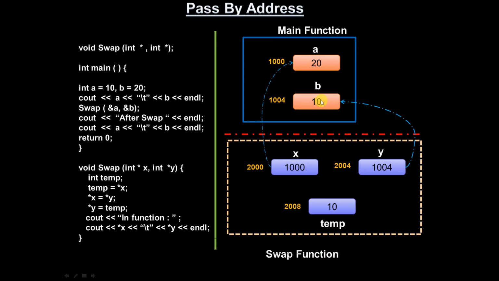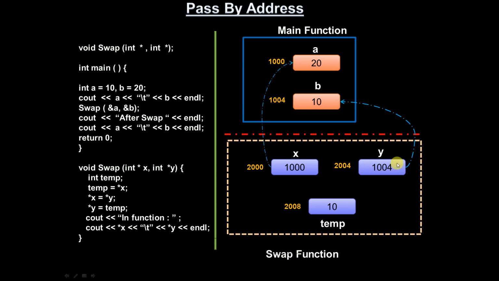Okay, so now cout in function. In function, cout star x, star y. Star x means value present at 1000th memory location, that is 20. Next star y, value present at 1004 location is 10. So it will print 20 here and 10 here. Star means dereferencing. When you say star x, you have to say dereferencing, value present in this memory location. What is that? 20.